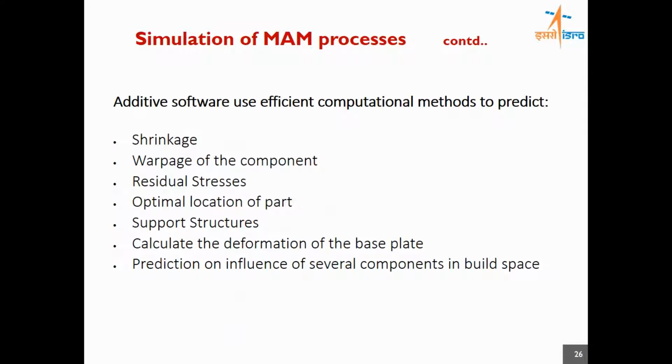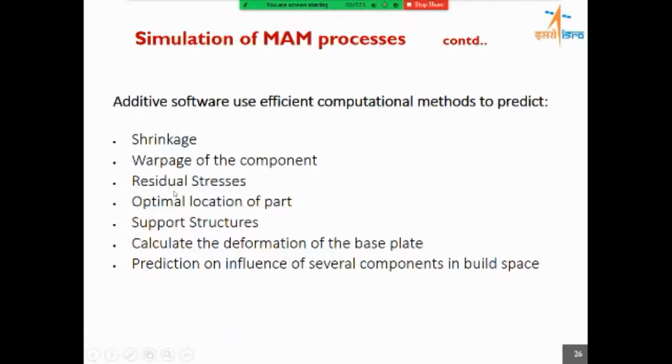And also how these support structures will ensure that the residual stresses are minimum. All this software can suggest optimum support structure requirements, and also the influence of various components in the build space. Because if you populate the build space with so many components, again it can have a negative influence on the mechanical properties or the distortion that can be achieved in the part.